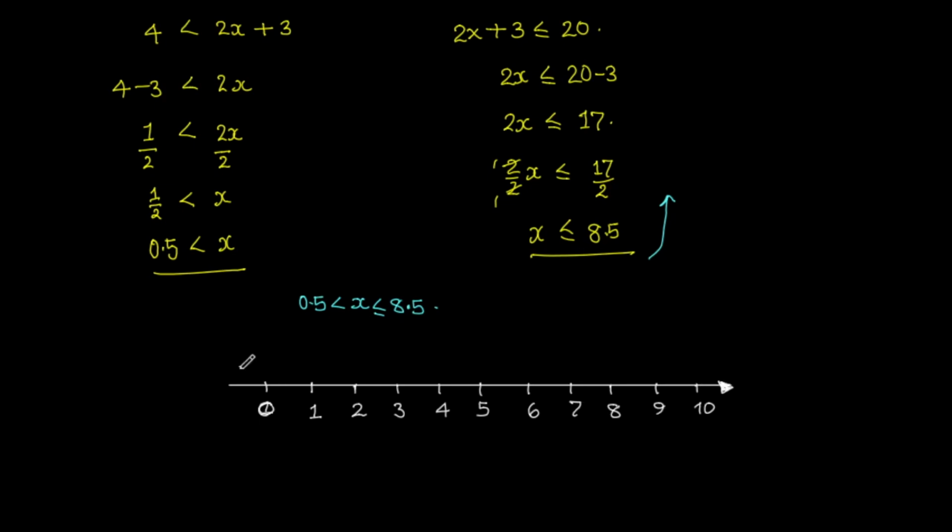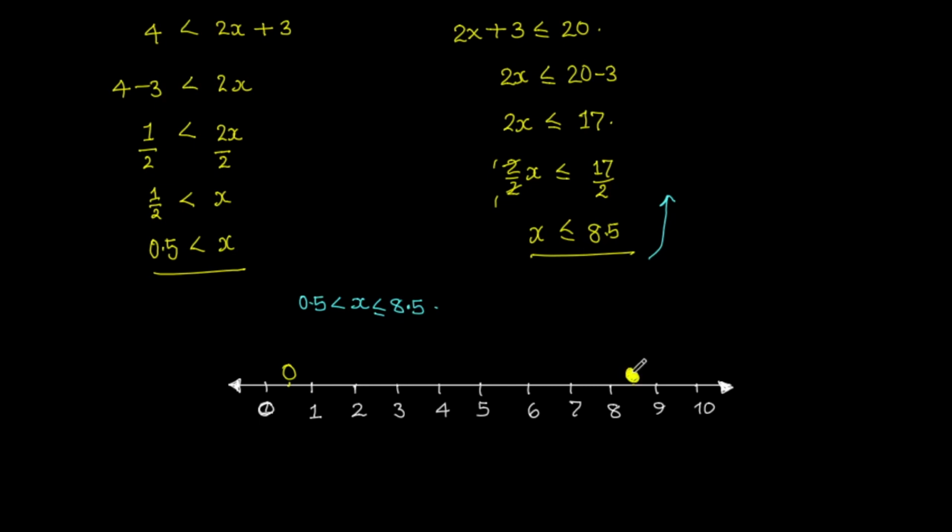This is up to positive infinity, likewise negative infinity. So we'll also identify where our point is between 0 and 1. Exactly at the point here we have this open circle. Then here 8.5 is between 8 and 9, so we have our circle shaded.